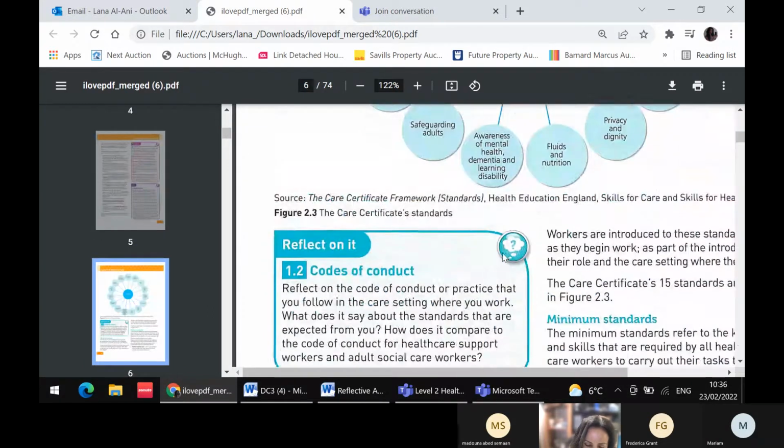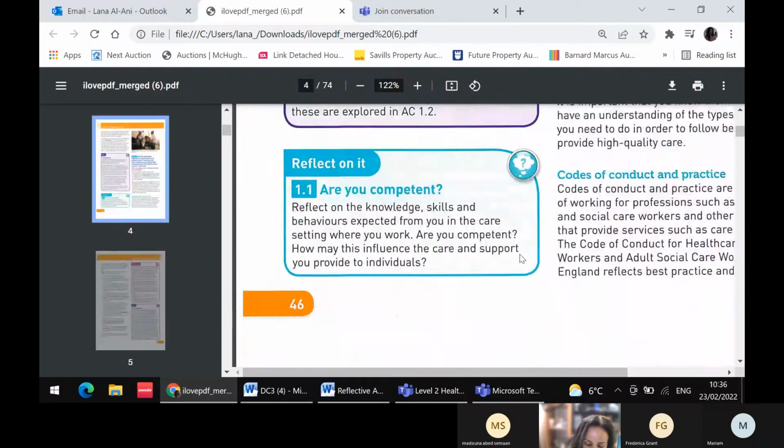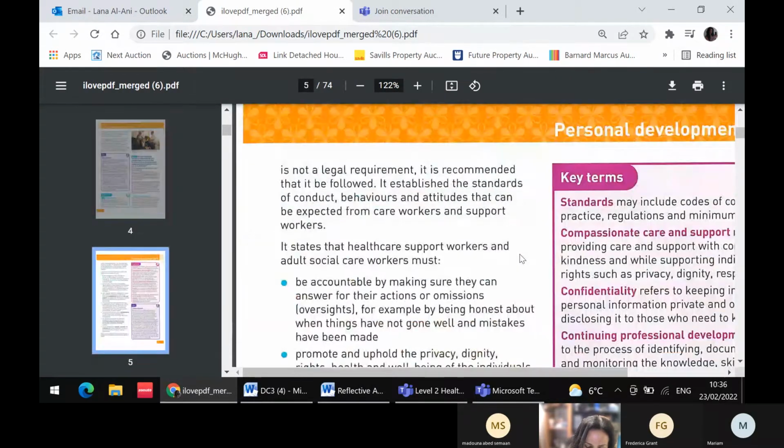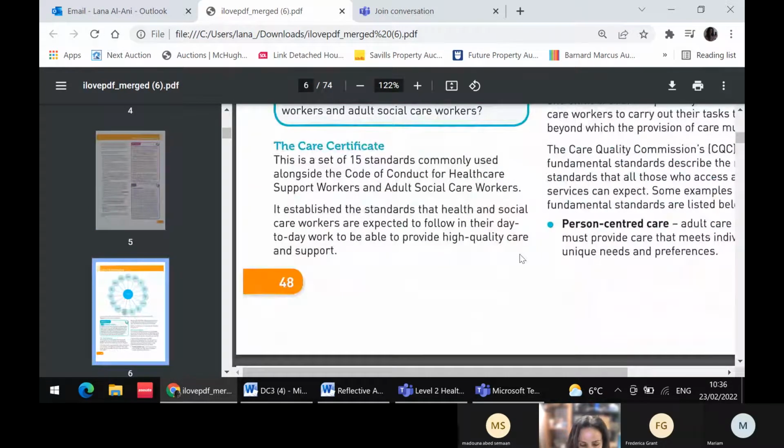So we talked about the code of conduct. This is part of the standard. The other standard is the care certificate. This is a set of 15 standards commonly used alongside the code of conduct. So at work, you always use the care certificate and the code of conduct for health support workers and adult care workers.